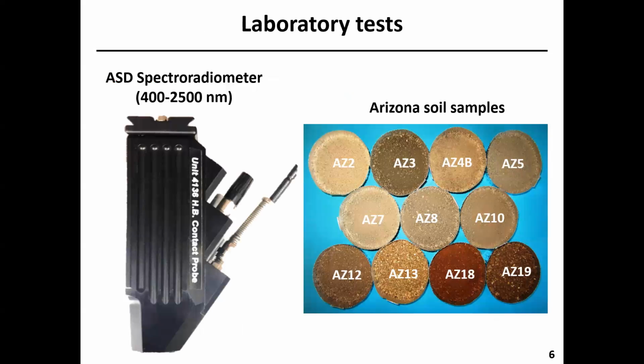So we initially tested this idea in the laboratory using an ASD spectral radiometer operating in the 400 to 2500 nanometer domain, and we measured reflectance spectra of various soil samples from Arizona, covering a wide range of soil texture from sandy soil up to clay soil with different mineralogies and colors, as you see in this slide, as they are apparent from their color.